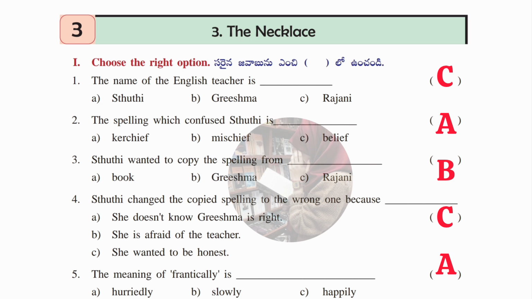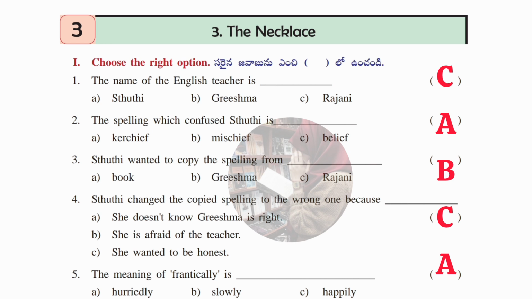Next, fourth one is: Stuti changed the copied spelling to the wrong one because dash. Answer is C, she wanted to be honest. So fifth one is: the meaning of frantically is dash. Answer is A, hurriedly. Hurriedly means jaldi. Okay, guys. Have you got it?